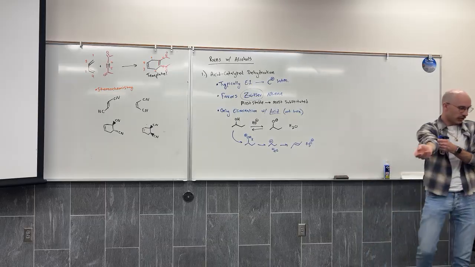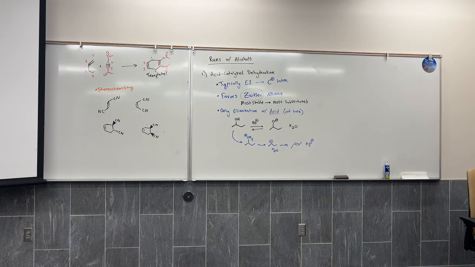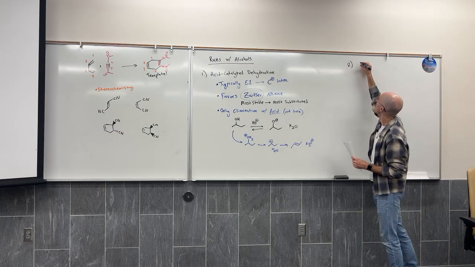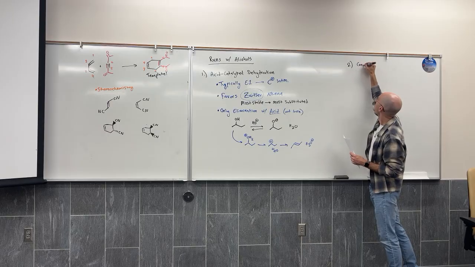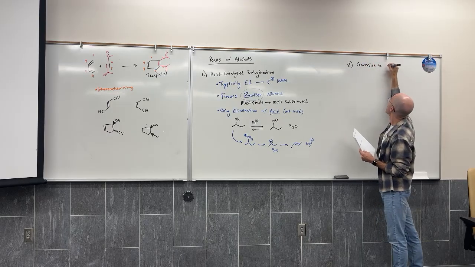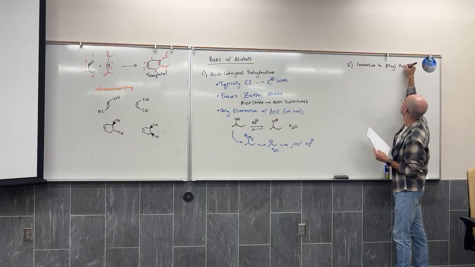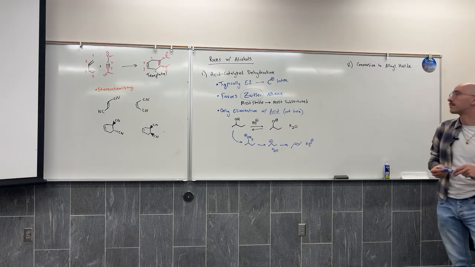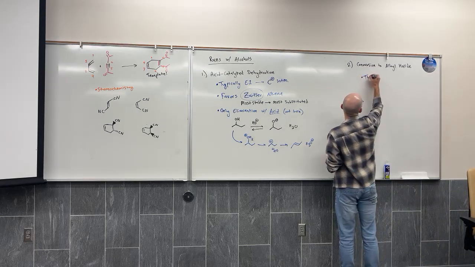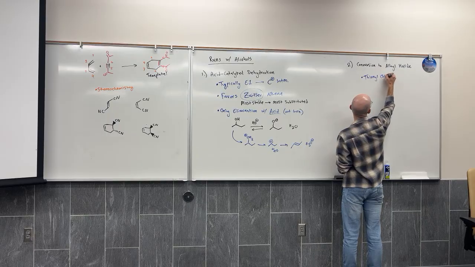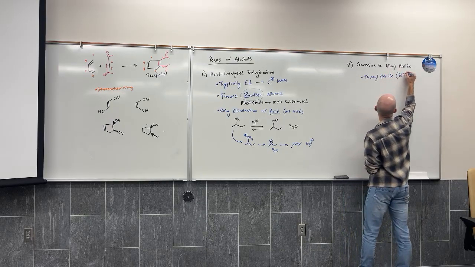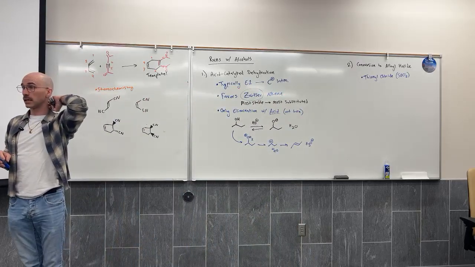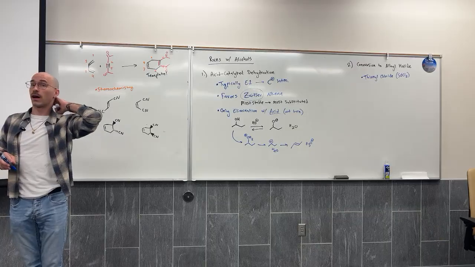Some of the other things that we can do, I'll take us clockwise. We can convert alcohols to alkyl halides. This chemical, thionyl chloride, SOCl2, is very good at making an alkyl chloride.